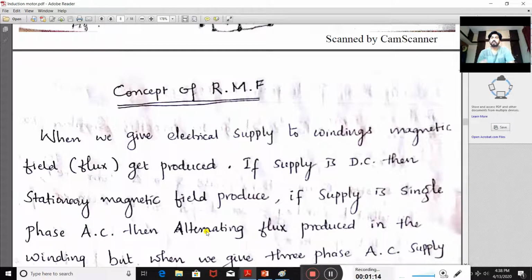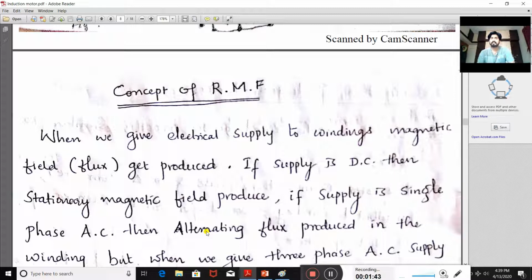But when you give a single phase AC supply to the winding, then alternating flux is going to be set up, as we have seen in the single phase transformer. Now when you give balanced three phase AC supply to the balanced three phase stator winding, a magnetic field will get set up, but that magnetic field is rotating about its axis.